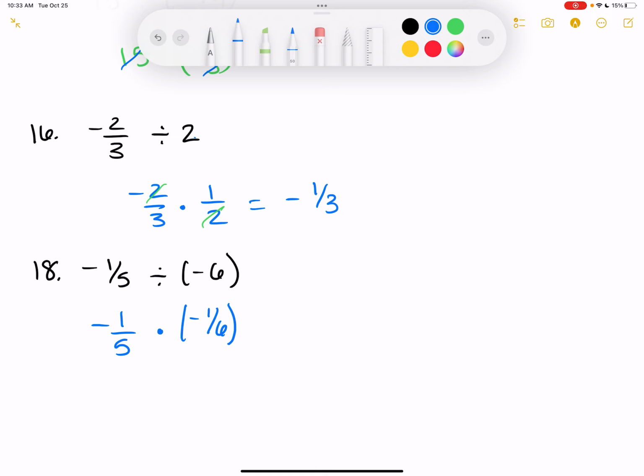No. So we multiply across the top and we multiply across the bottom. So what would my answer be? Is it going to be positive or negative? Positive, because they have the same sign. So 1 over 20, or 5 times 6.